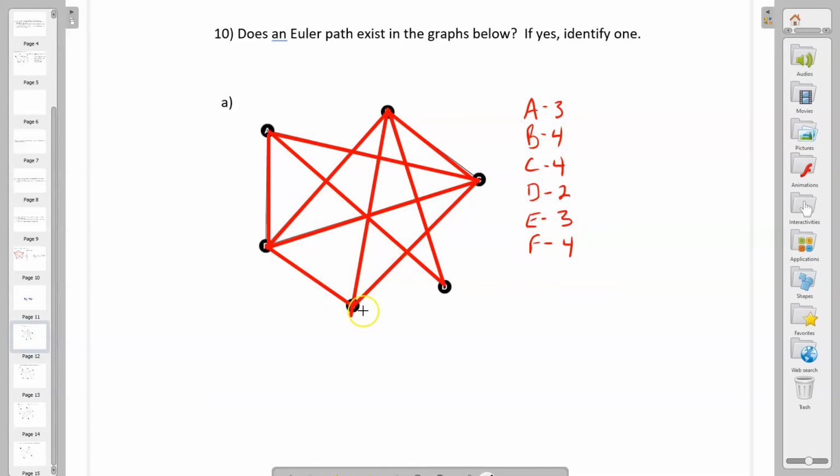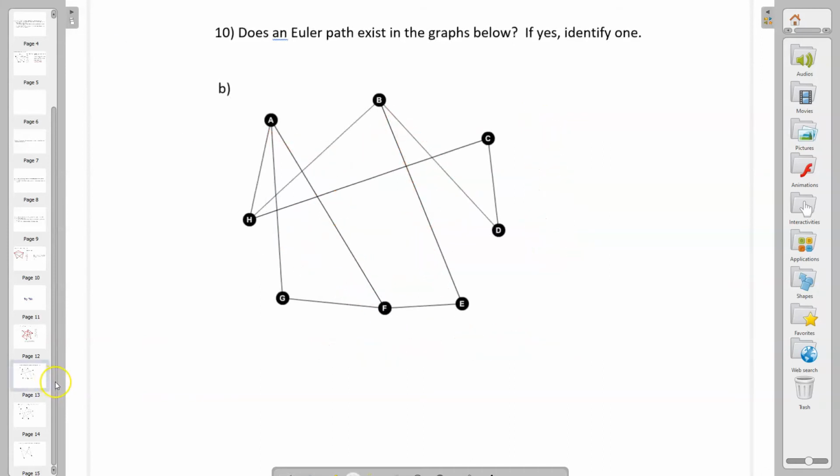If we write out the Euler path, it's A, F, E, C, B, F, C, A, D, B, E.